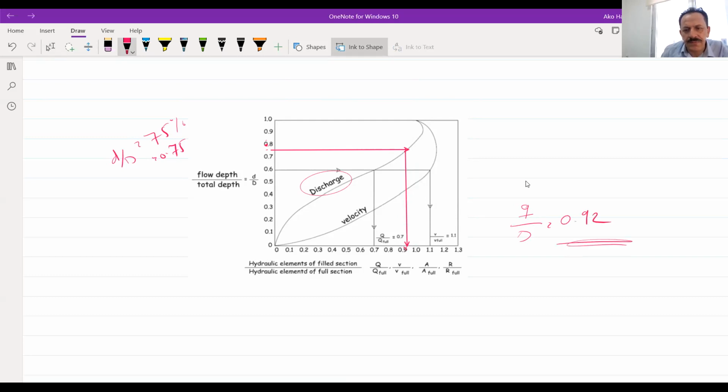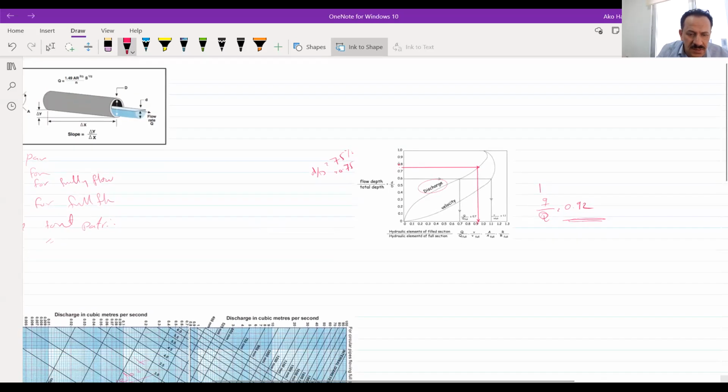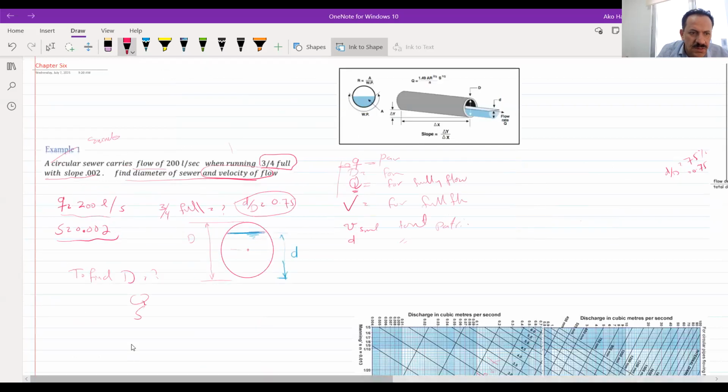Am I right? Yes. So the small q over capital Q, and then we have this q is about 200 liter per second, right? As it's given to me, q is 200 liter per second.